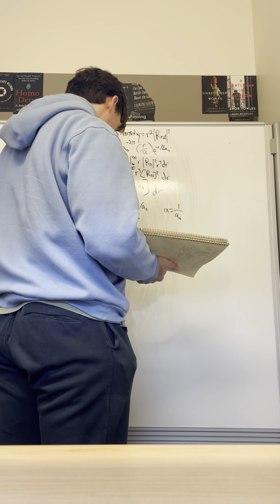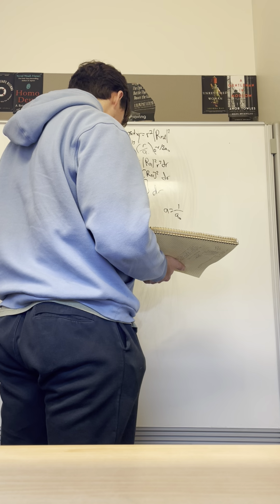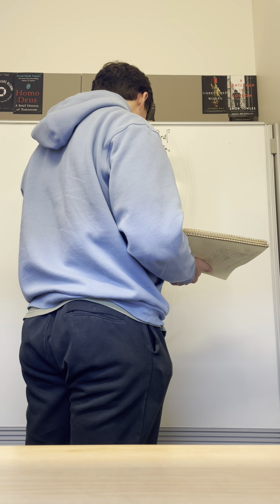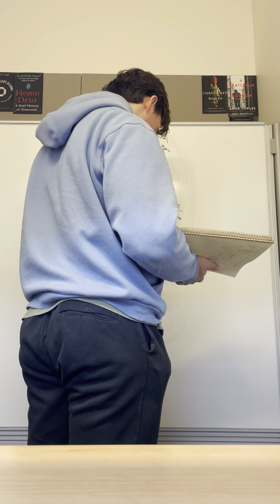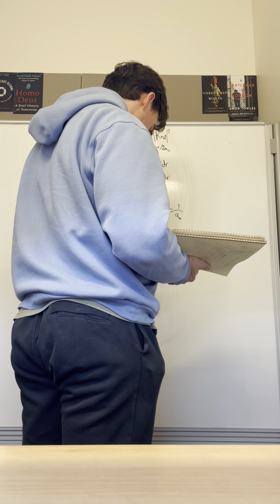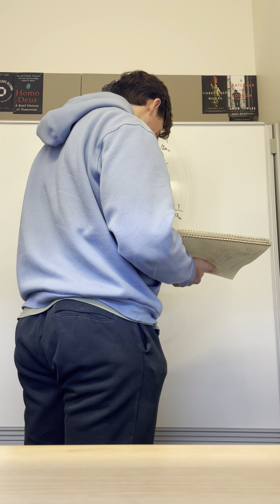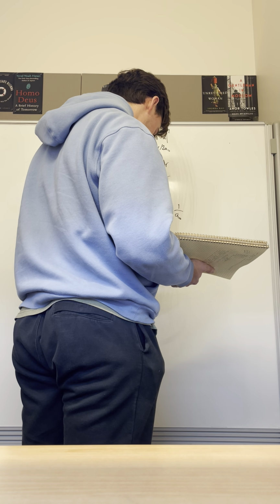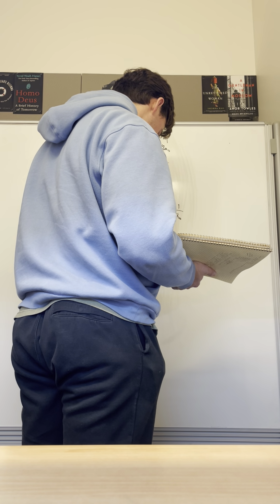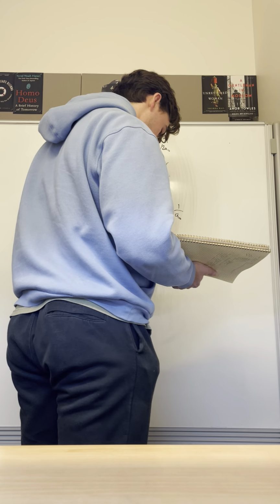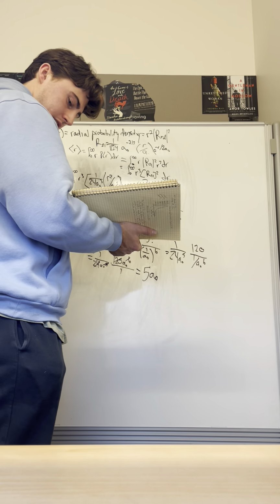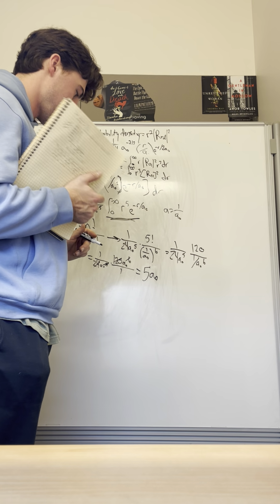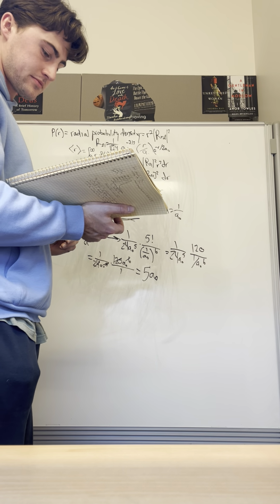So we cancel that, cancel these. Five a naught is our average location of the electron.